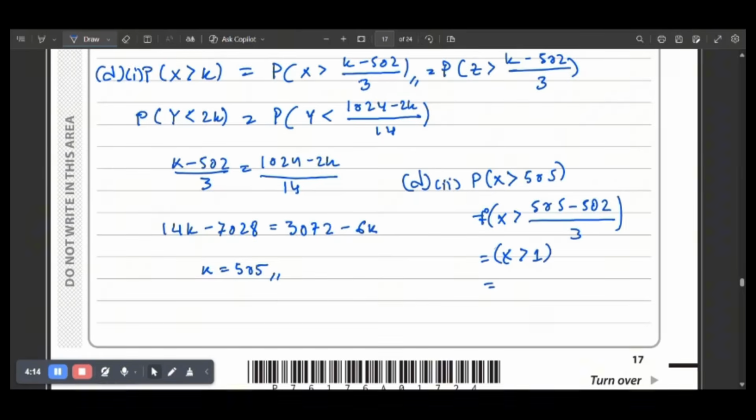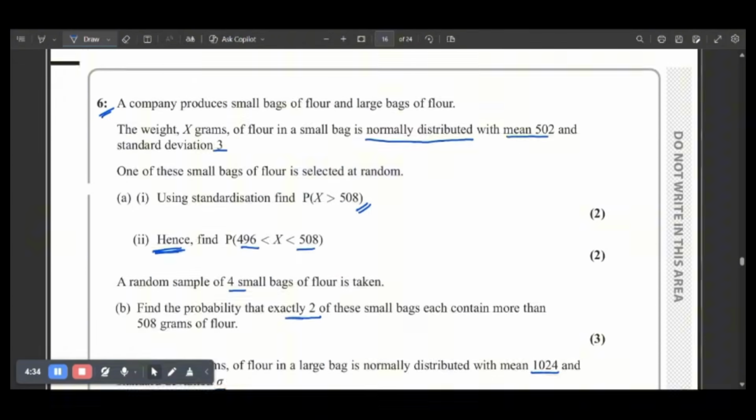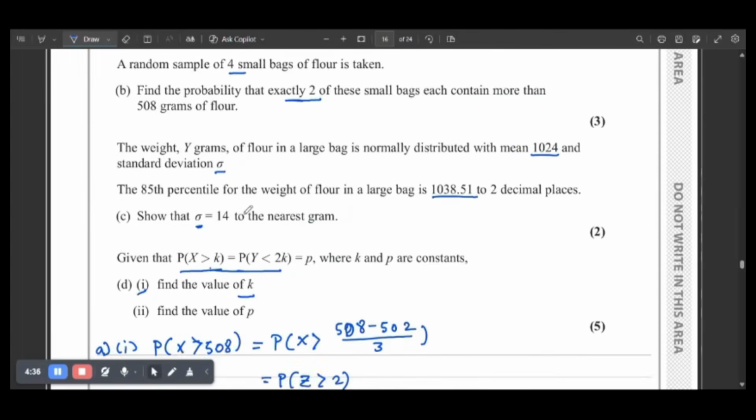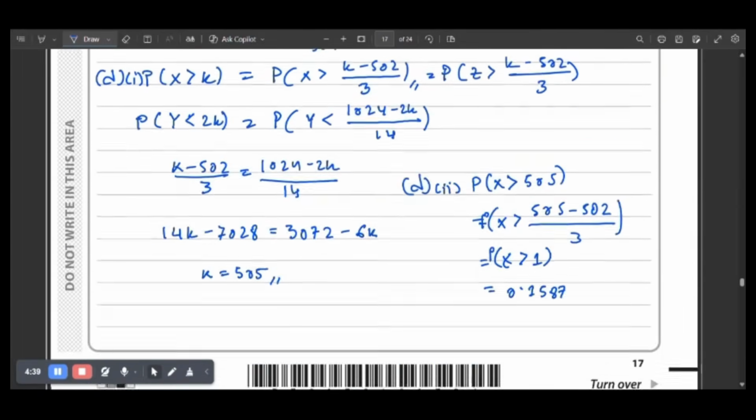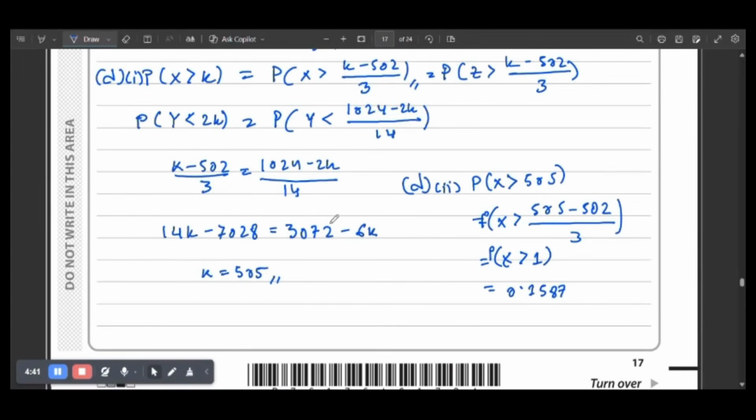The probability of z being greater than 1 is 0.1587 from the data table. So this concludes question number 6. We can now move to question number 7.